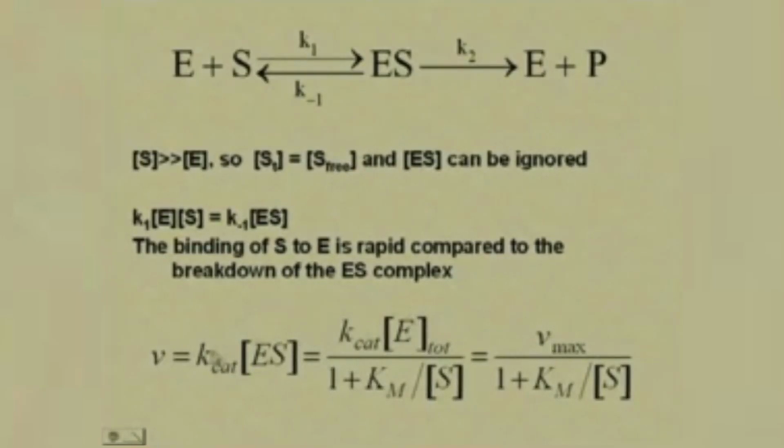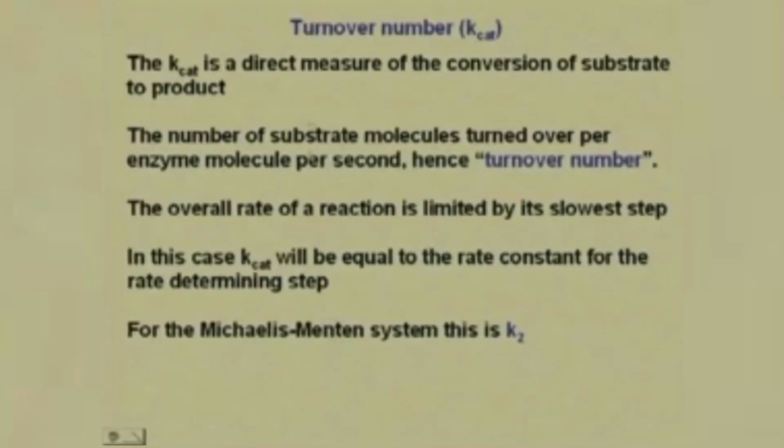So we have this Kcat, which is also referred to as K2, which we will see in a moment why we call this Kcat, and we have our specific expressions related to our Kcat and our Km. Now, what is this Kcat? This Kcat is actually a direct measure of the conversion of the substrate to the product. It tells you what is called a turnover number, which I mentioned the first day when we started enzymes, where the number of substrate molecules forming the product per enzyme molecule per second is called the turnover number.